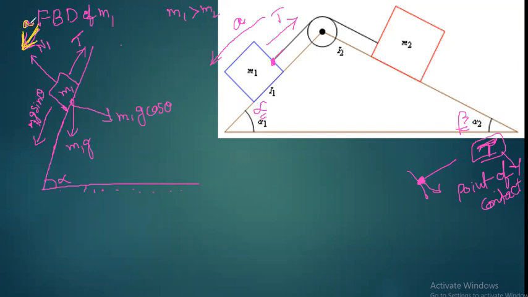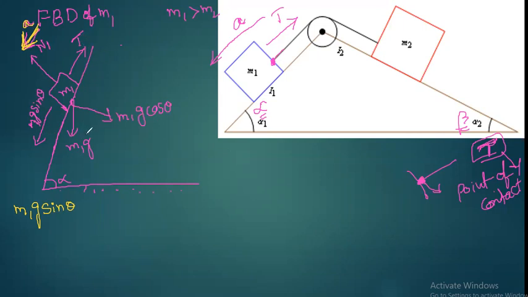Very good. Now, if the body is moving in this direction, which force is in the same direction as the direction of motion of the body? Yes, M1G sin theta. So can I take M1G sin theta as positive? Very good. Which is the opposite force?